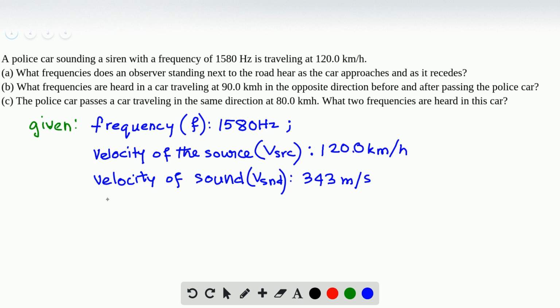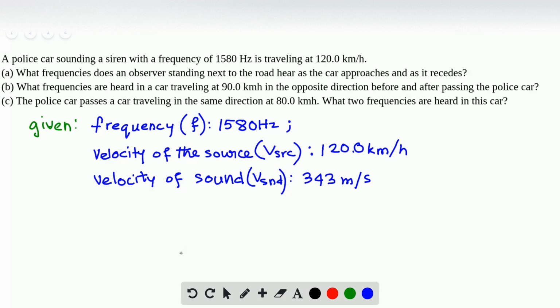And then the velocity of sound, which we get from our textbook, is 343 meters per second. Now, you see, the units are not consistent, so we have to make them consistent. We can change our kilometers per hour to meters per second.